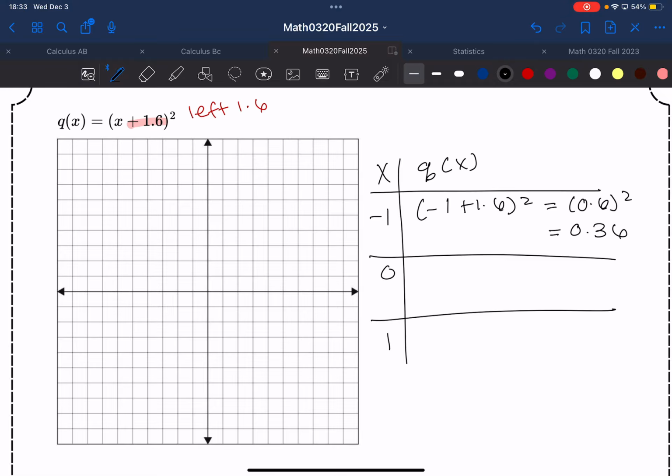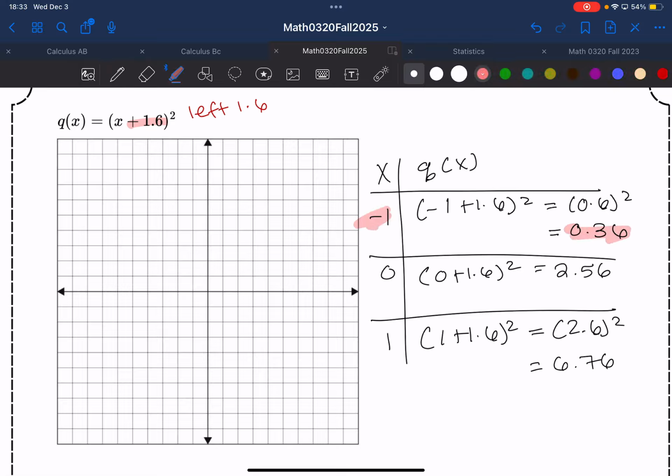Then plugging in 0, we have 0 plus 1.6 squared, which is 1.6 squared, and you should get 2.56. And plugging in 1, we have 1 plus 1.6 squared, which is 2.6 squared, which is 6.76.